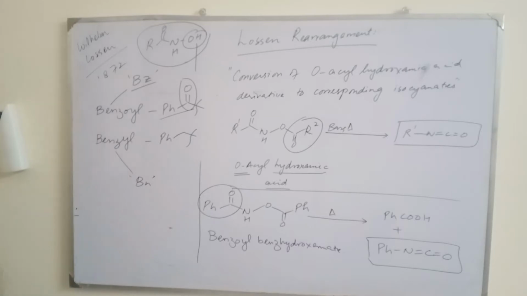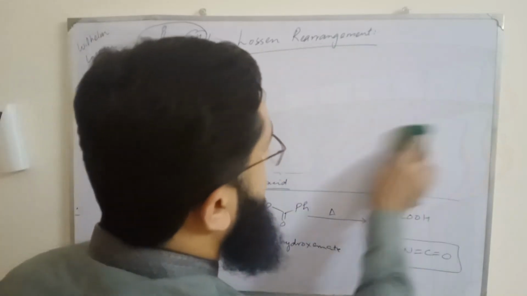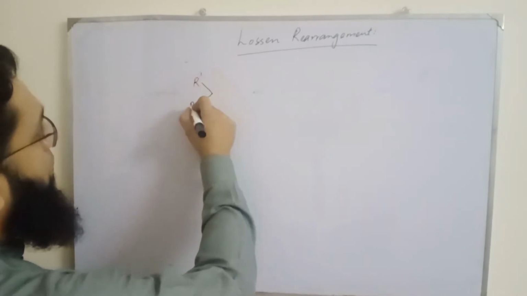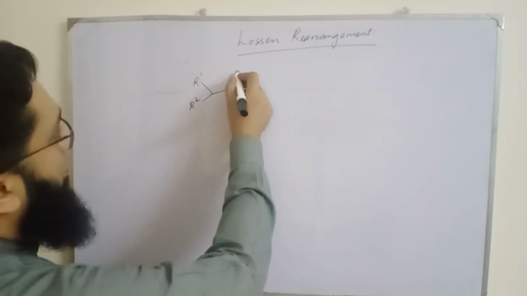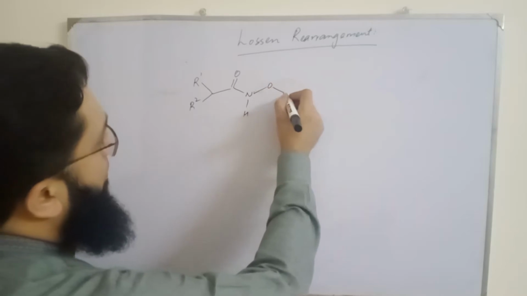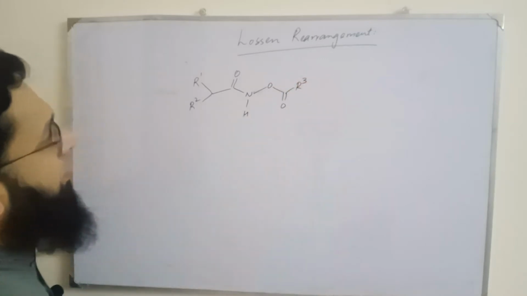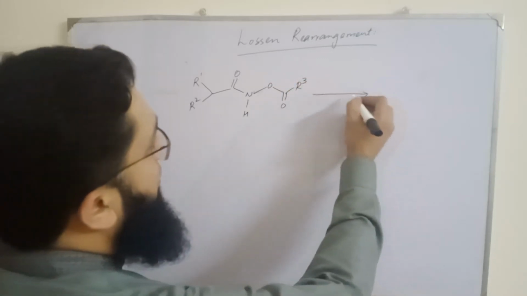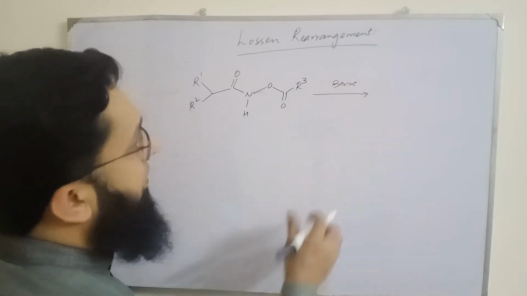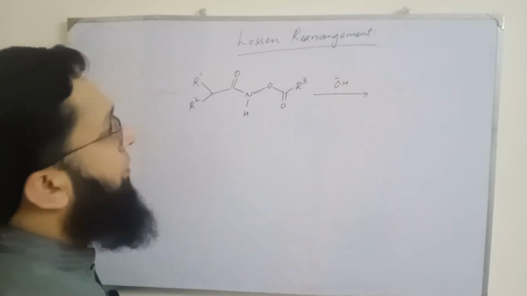Now we see the mechanism of the reaction. In the first step, we treat it with a base, for example hydroxide, any alkali, such as sodium hydroxide or potassium hydroxide.